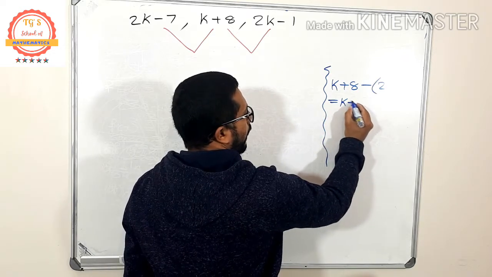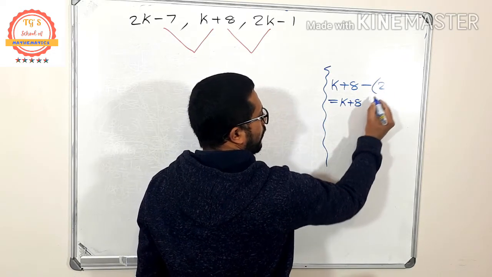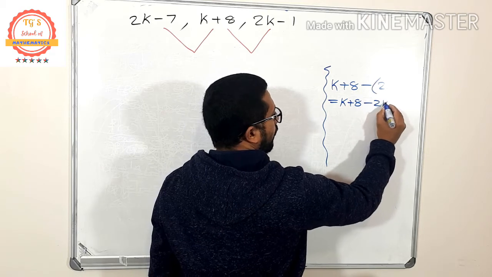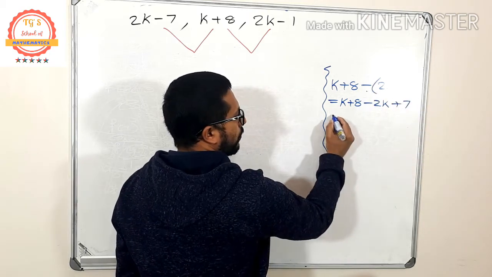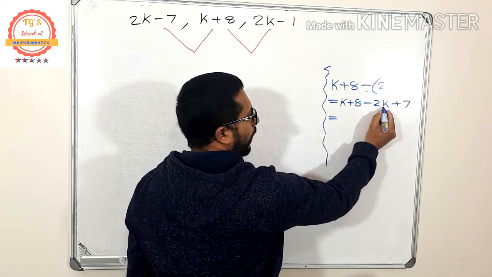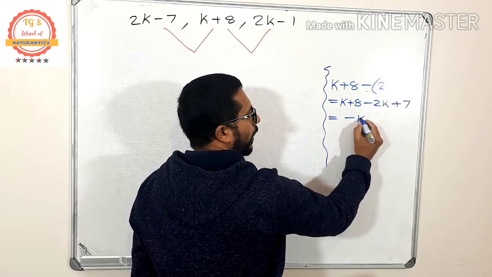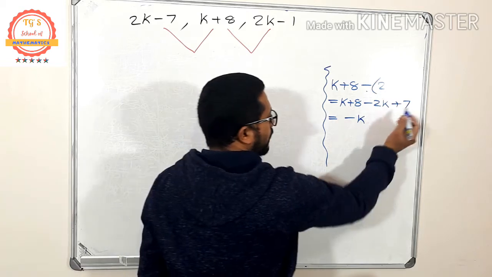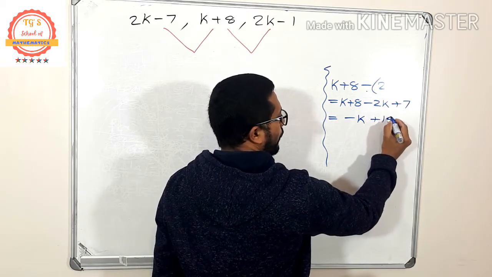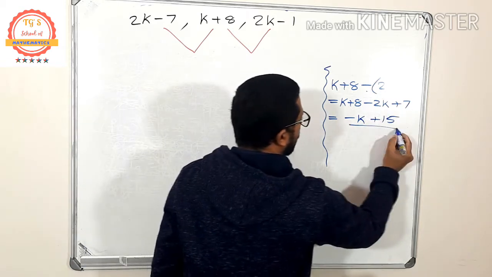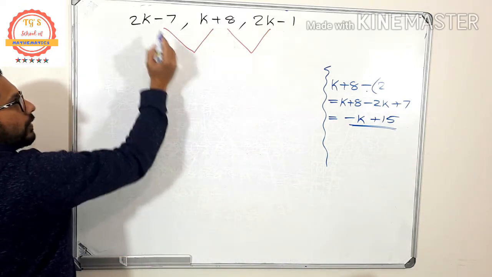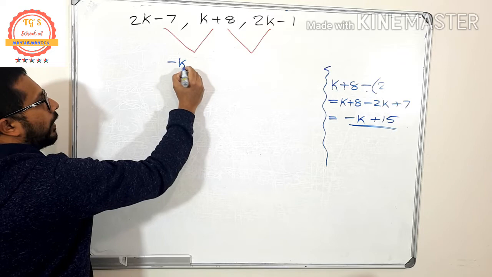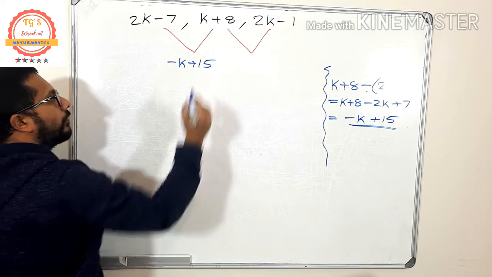K plus 8, minus into 2k is minus 2k, minus into minus 7 is plus 7. So this is equal to k minus 2k is minus k, 8 plus 7 is 15. So the answer for that one is minus k plus 15. That means this one minus this one is minus k plus 15.